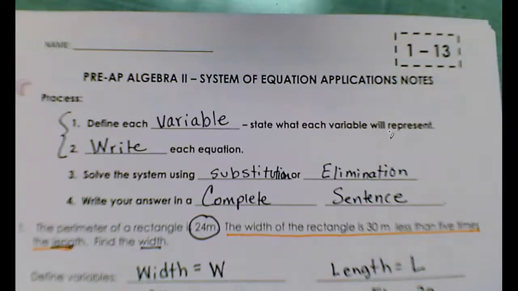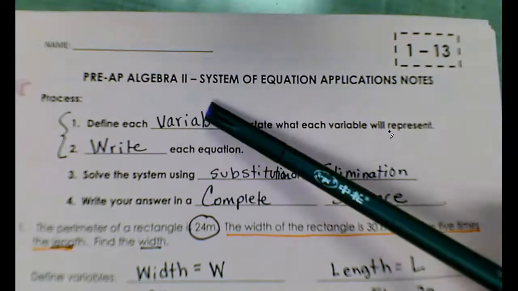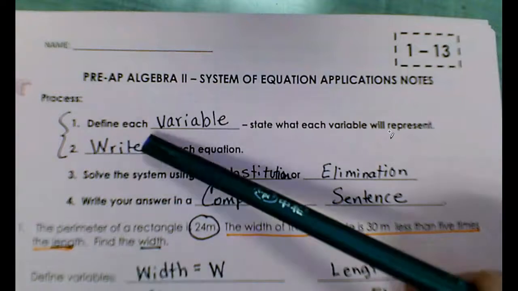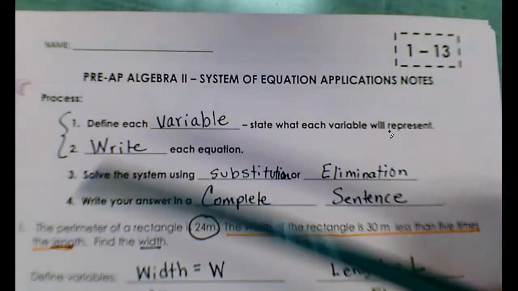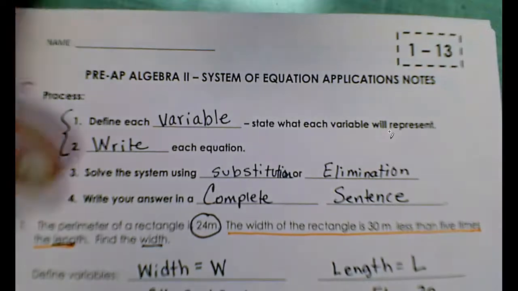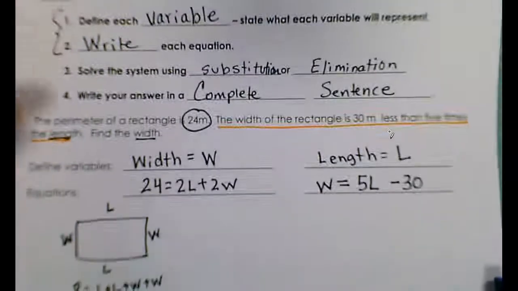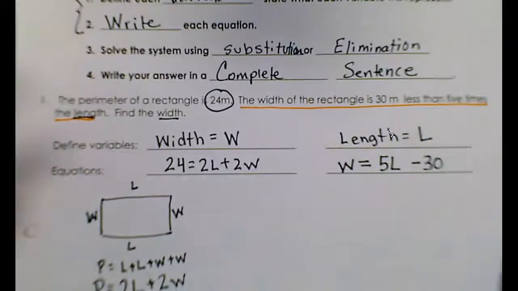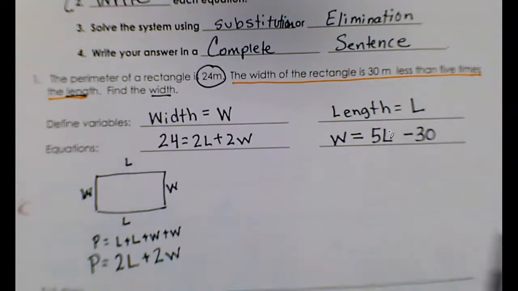Yesterday we wrote our equations. We defined our variables and we wrote the equations, and now we need to come back and take these two equations and solve them. So we've learned 3 ways to solve equations: graphing, substitution, elimination.